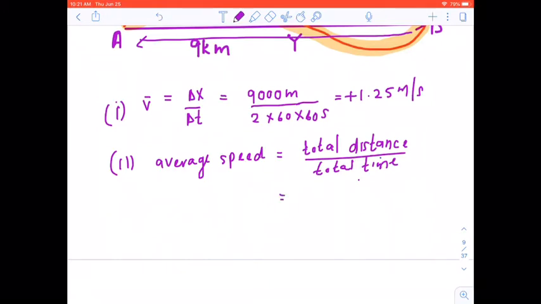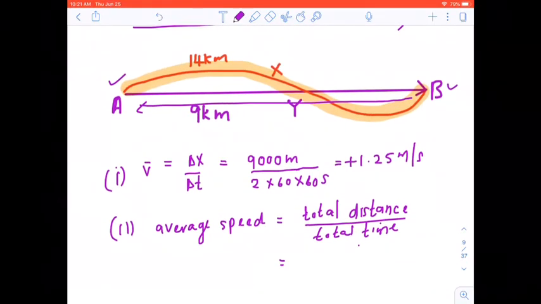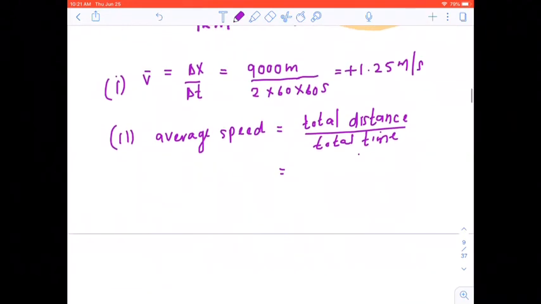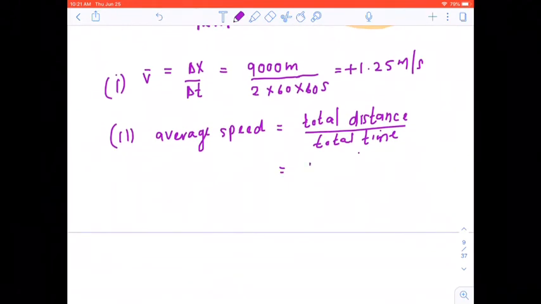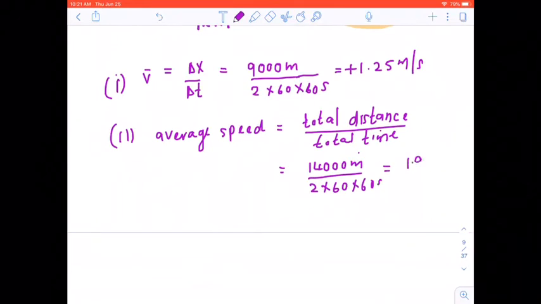Total distance we see is 14 kilometers, which means 14,000 meters, all upon 2 hours again, and that's divided by 60, which then gives us 1.94 meters per second.